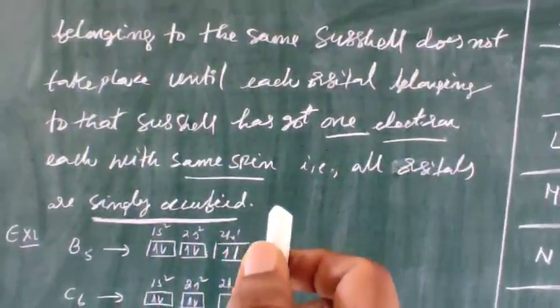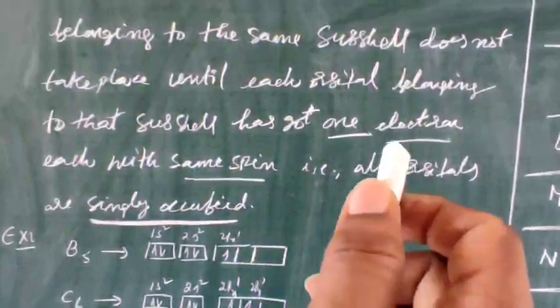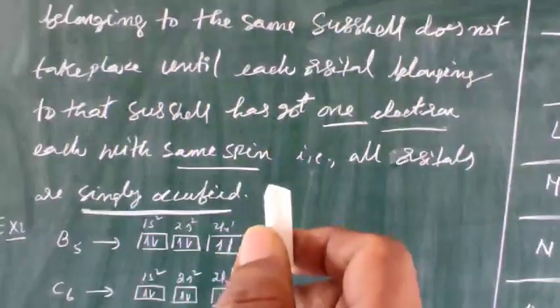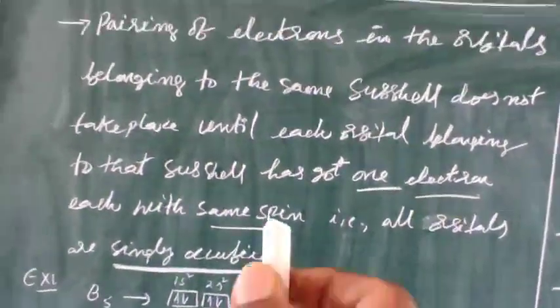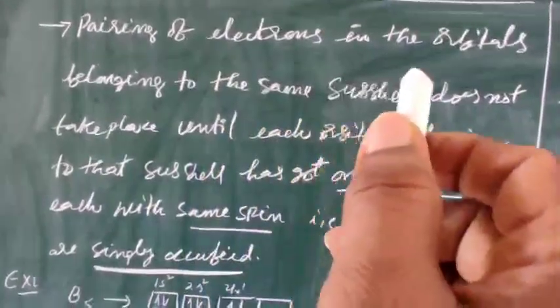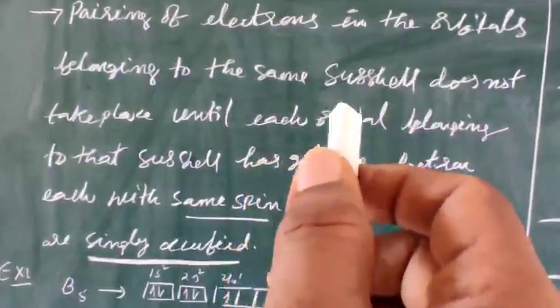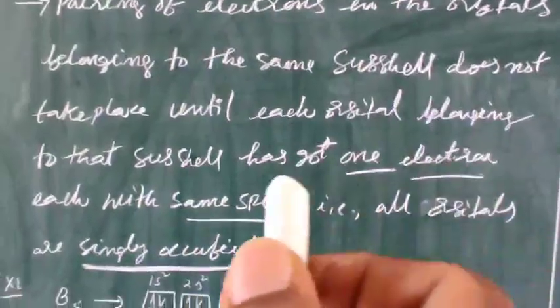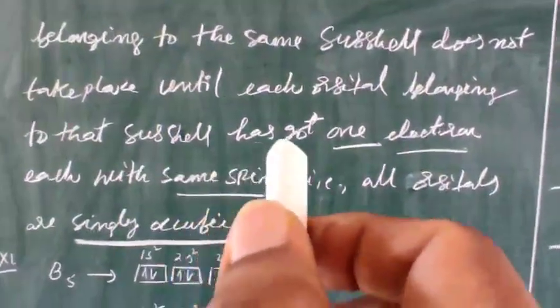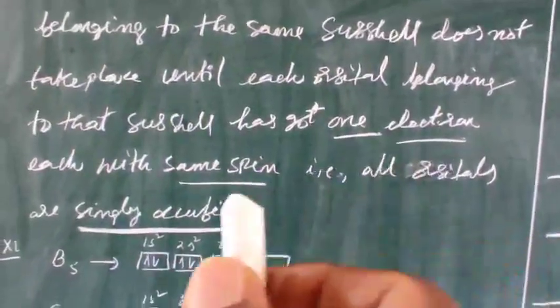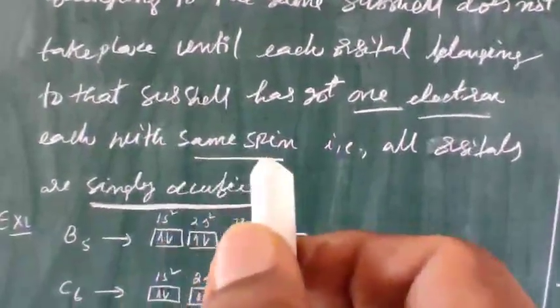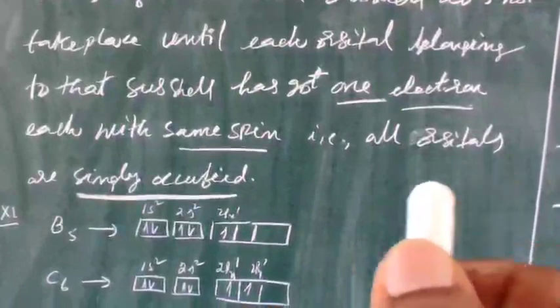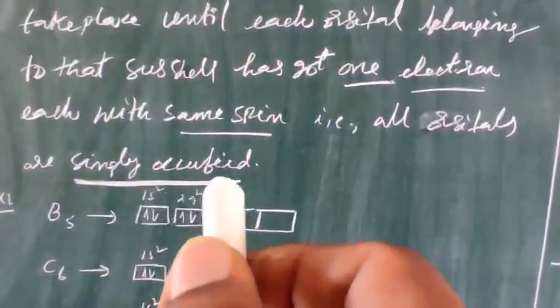If all the orbitals are singly occupied, then only pairing of electrons takes place in the orbital. Once again, pairing up of electrons in the orbitals belonging to the same subshell does not take place until each orbital belonging to that subshell has got one electron with the same spin. That means all orbitals are first filled with a single electron.